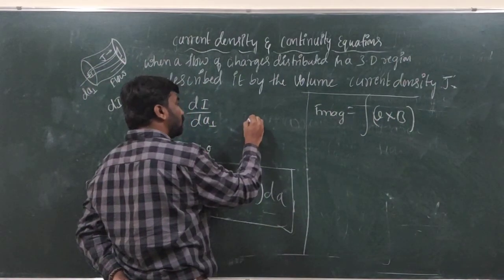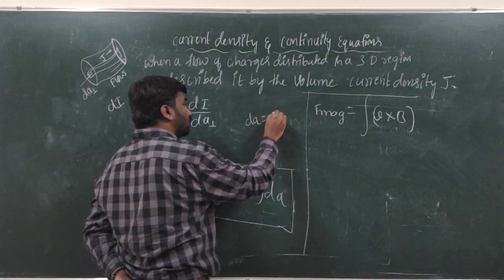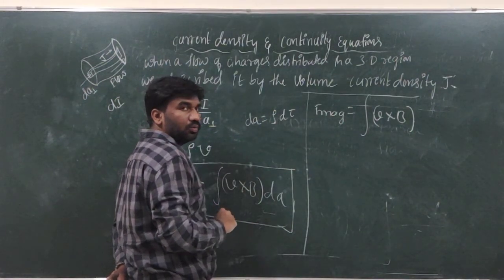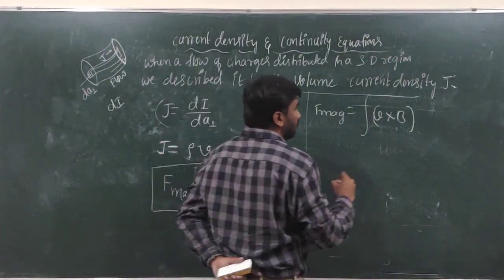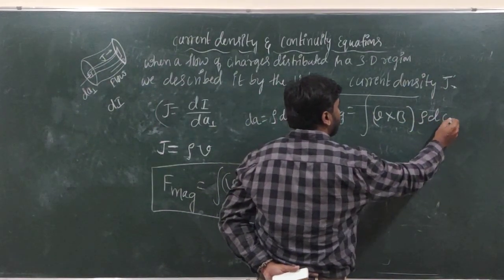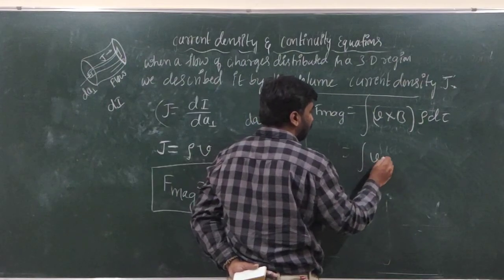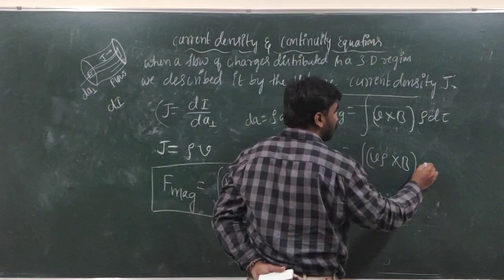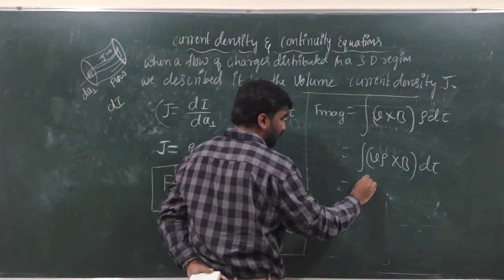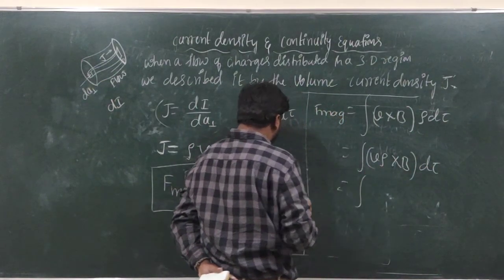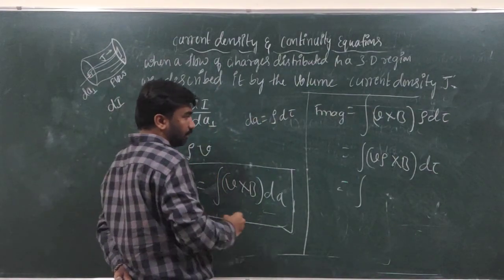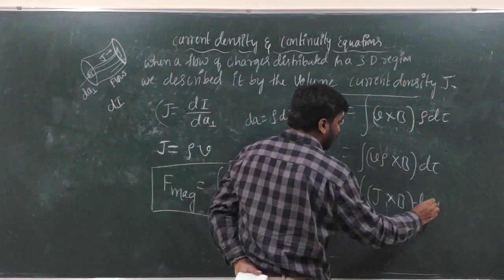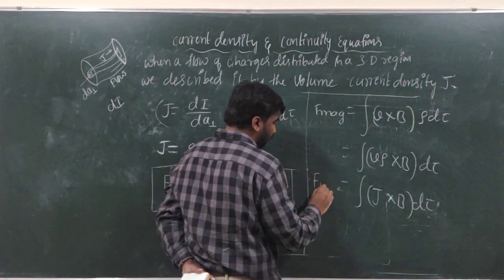So the magnetic force F is equal to the integration of V cross B into dq. We know that dq is equal to rho times d tau, the volume element. So this can be written as the integration of V rho cross B into d tau, and V rho is nothing but J. So F is equal to the integration of J cross B into d tau.